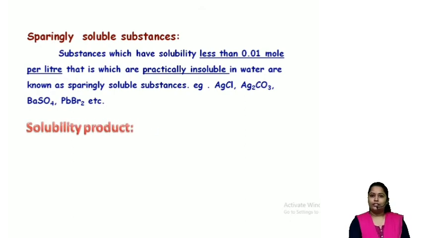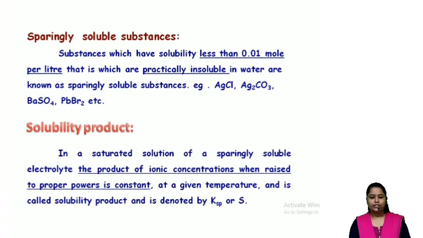Then the next point is the solubility product. First we see the definition of solubility product, then we will see the derivation, or expression, of solubility product. For that we consider a saturated solution of a sparingly soluble electrolyte. In a saturated solution of a sparingly soluble electrolyte, the product of ionic concentrations, when raised to proper power, is constant at a given temperature.